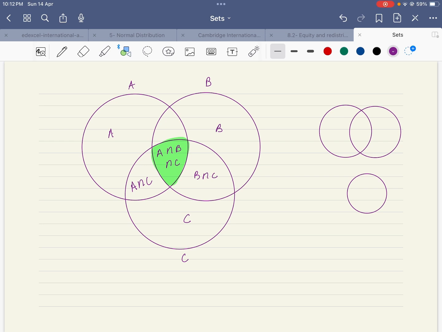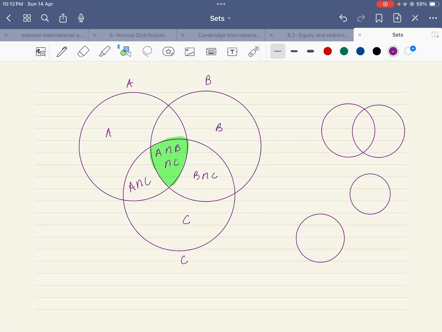You may get 3 sets which are like this, where 2 of them are subsets and supersets and 2 of them are overlapping. You can get such questions as well. But mostly the questions come from the sets that are all overlapping, all 3 of them.